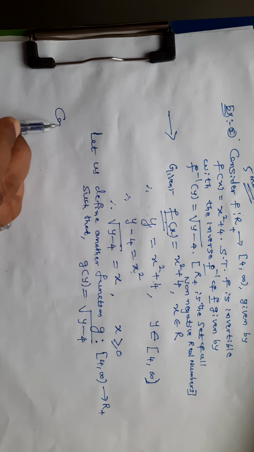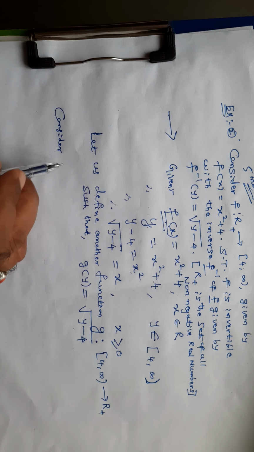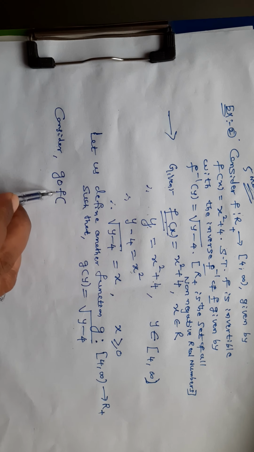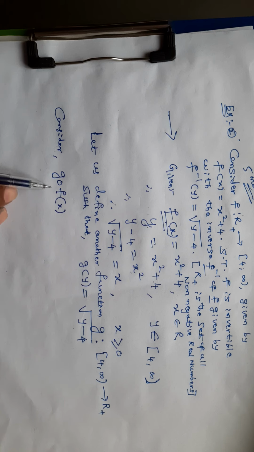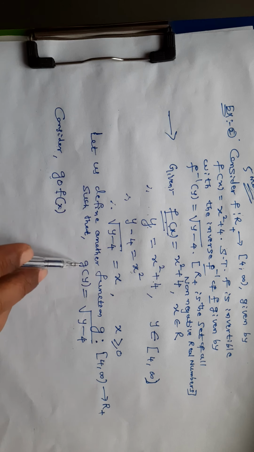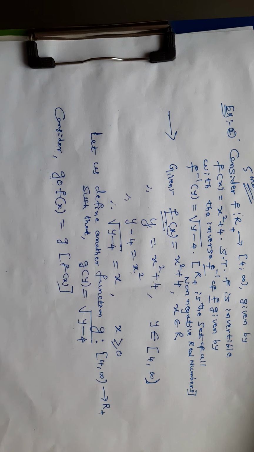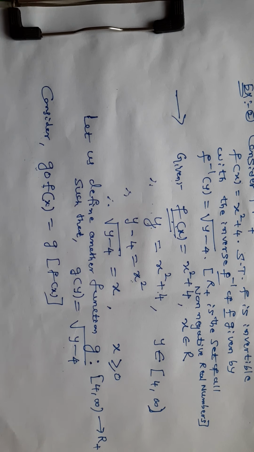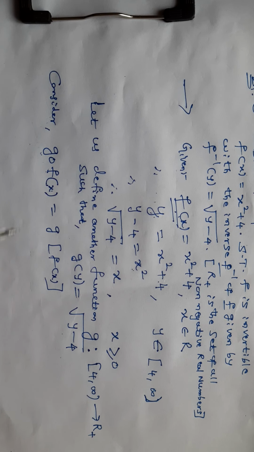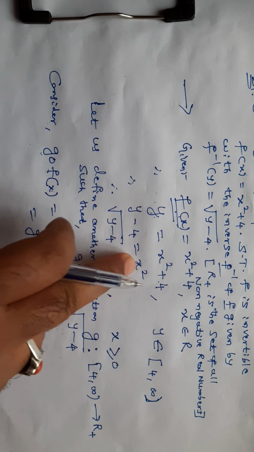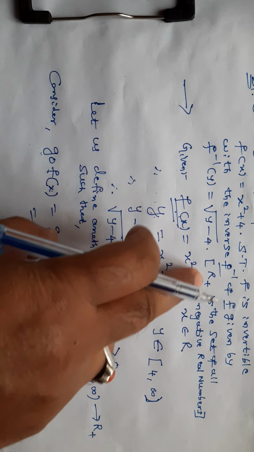Now we can go for composition. Consider the composition of f and g. When f comes, you apply it on x, so g of f of x. Don't get confused: g is a function of y. So where is f of x? f of x is x square plus 4.